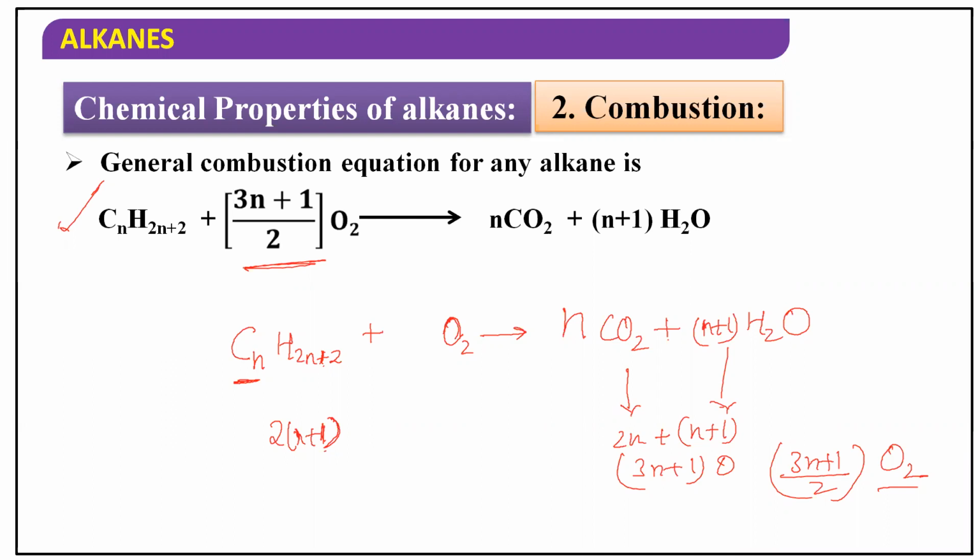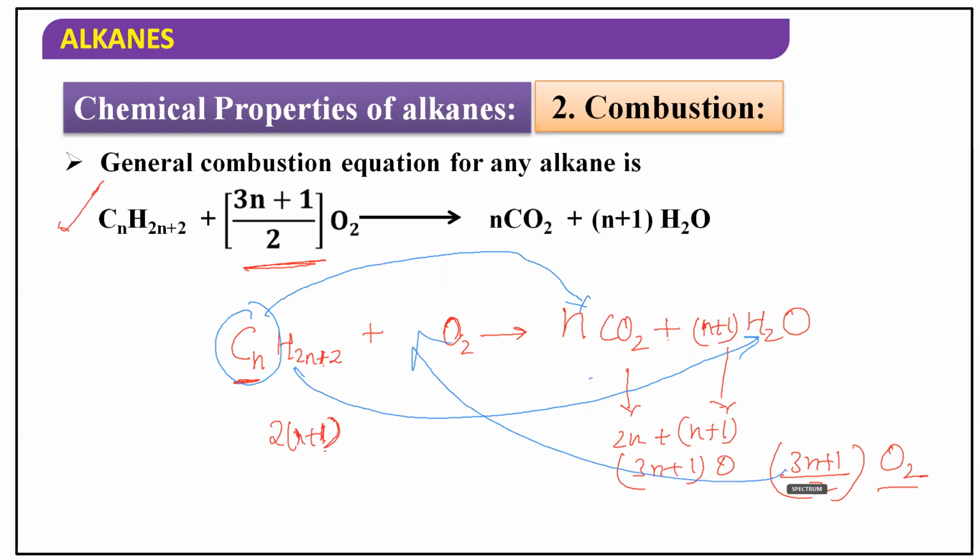Now, any doubt anyone? Remember again, I am telling you: balance carbon first, then hydrogen, and at last oxygen. If you balance oxygen, it will come as (3n+1)/2. This is the way we can balance the chemical reaction.